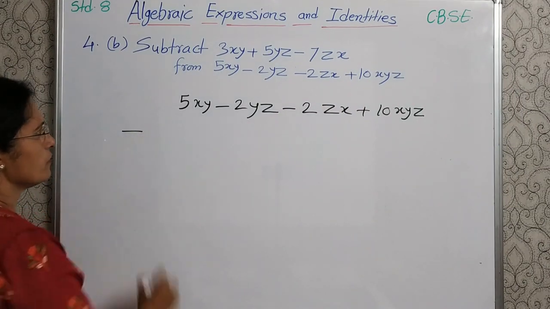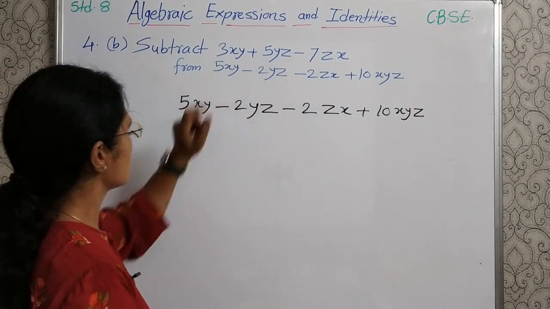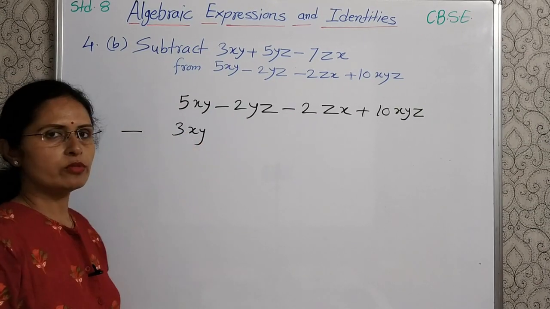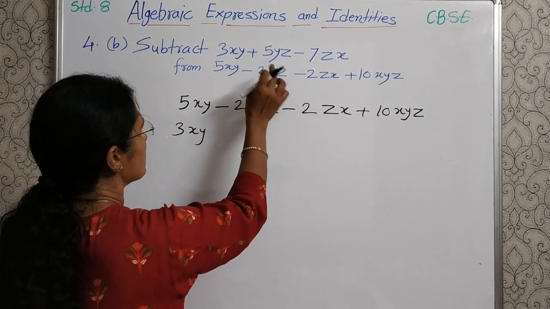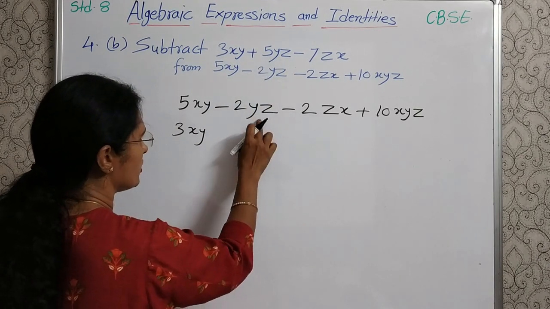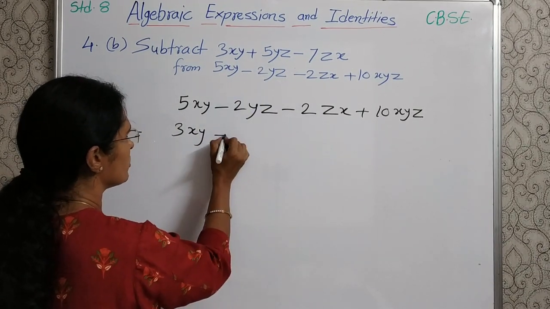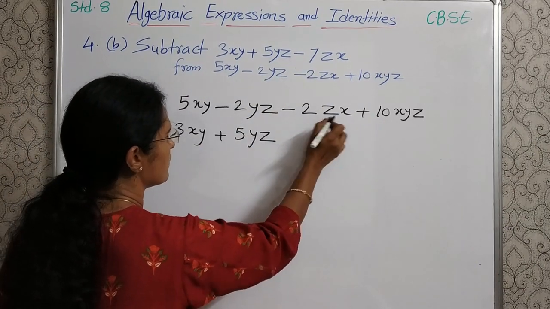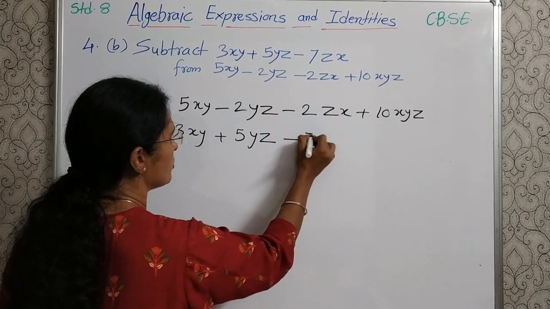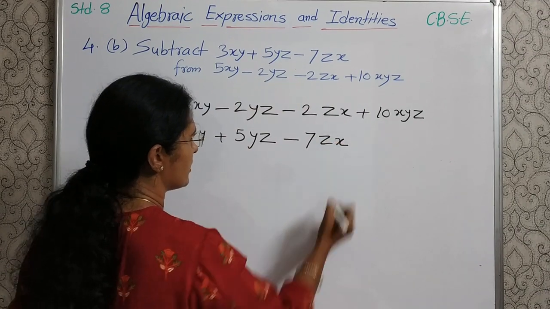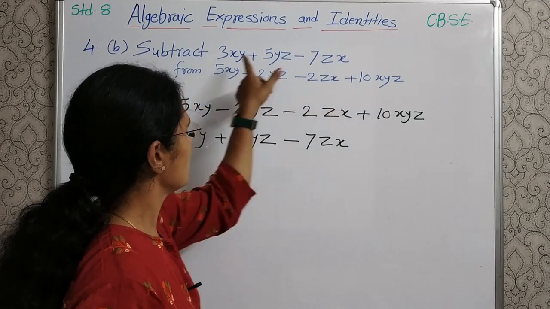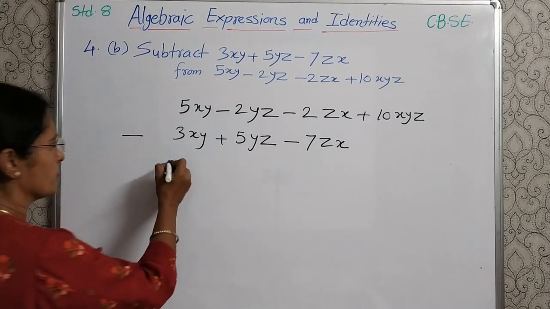From this we will subtract the first expression. 3xy is written below 5xy, then plus 5yz, so here also it is yz, we'll write it below that 5yz, next minus 7zx is written below this minus 2zx, and there is no like term for this in the first expression.